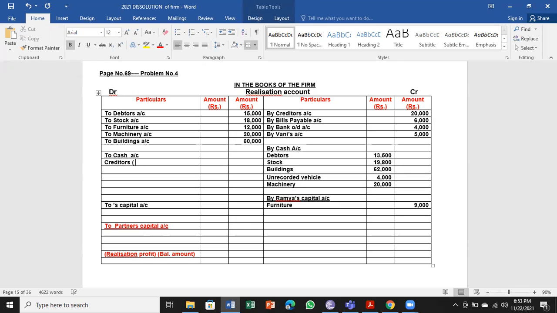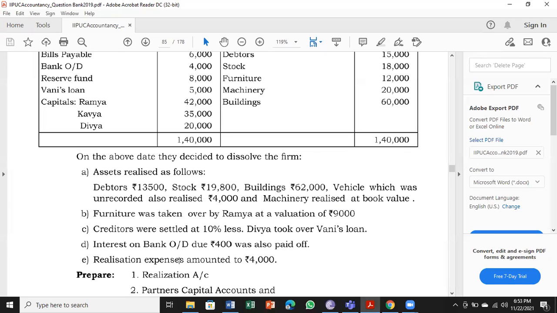Creditors, book value means balance sheet value. You can see here 20,000 less 10%. So 2,000 less, 18,000 paid. Have a look carefully. Settled at 10% less. You have to be very careful in the exam, more or less, 10% less.